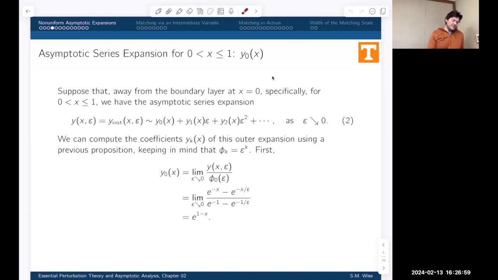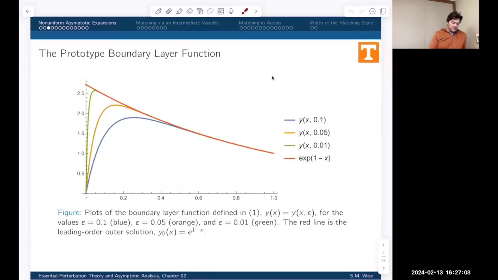All right, so as long as we're away from the boundary layer, away from this region of the real line, as long as we stay away from this, we expect things to be kind of normal and mundane. So let's focus our attention first on this part of the solution.